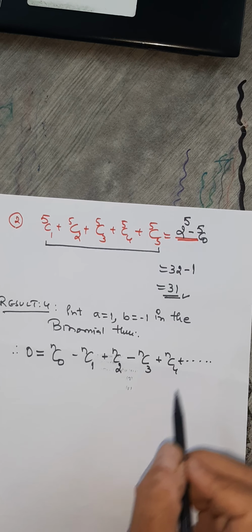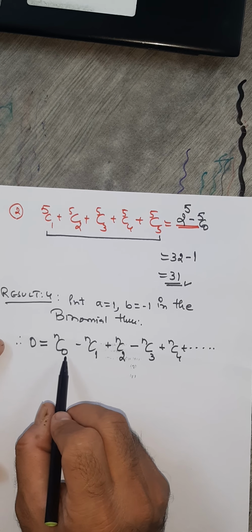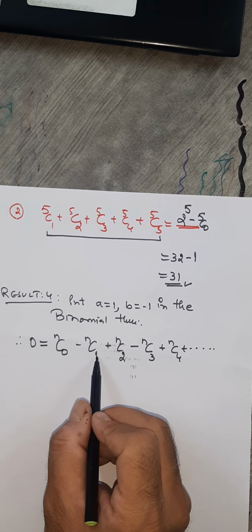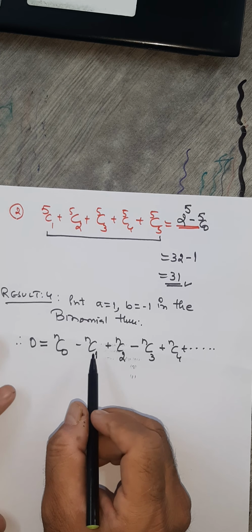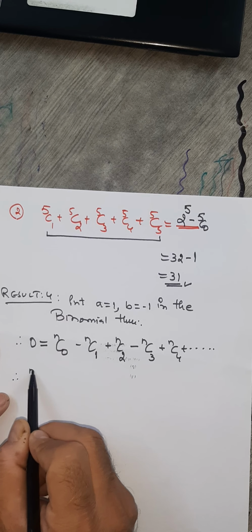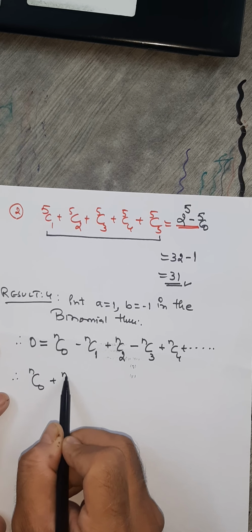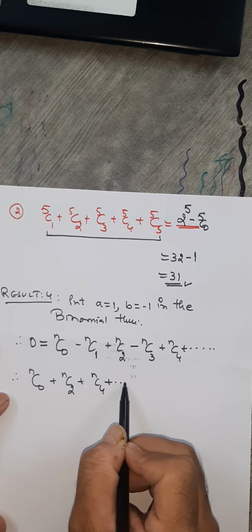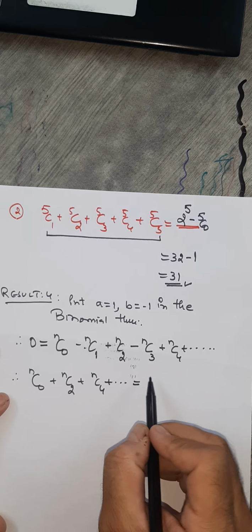So what you have noticed here, if I take all the terms having odd indices on the other side, then both will be equal. What I'm trying to tell you is, you can write like this. nc0 plus nc2 plus nc4 on one side and all minus terms on the other side.